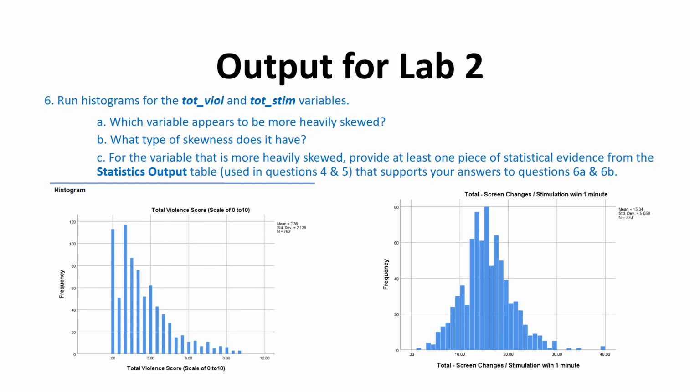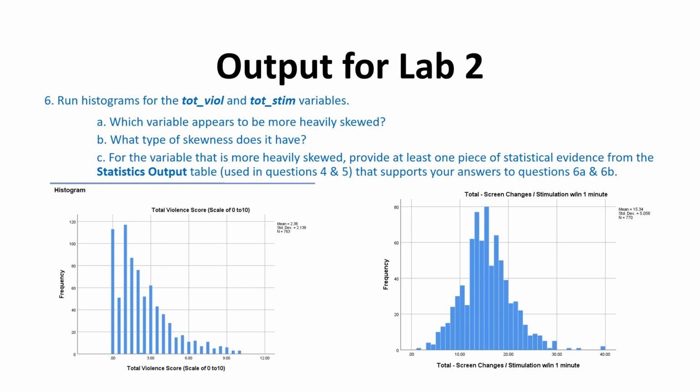And then when you click OK, this is what you should see popping up somewhere in your output. So what we have here, and these are actually two pretty good pictures to give you an idea. I tell you to run histograms for the TOT_VIOL and TOT_STIM variables. Well, if you're doing the non-SPSS version, here is the information you need. Okay, so you have it right in front of you.